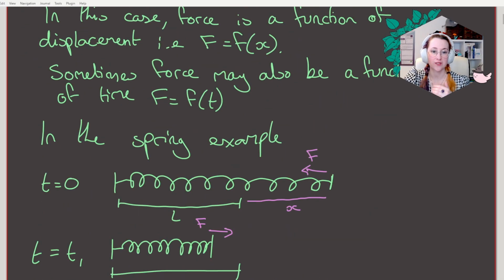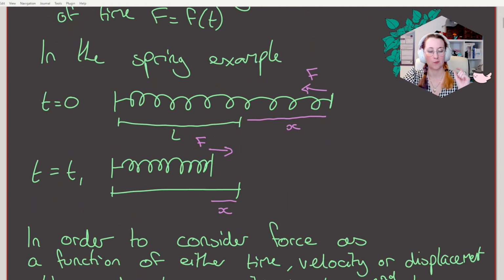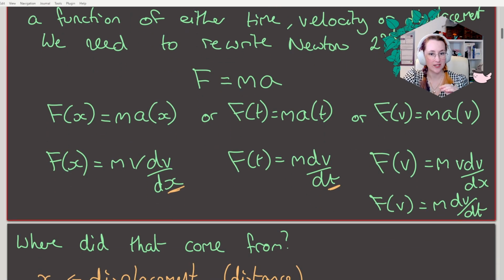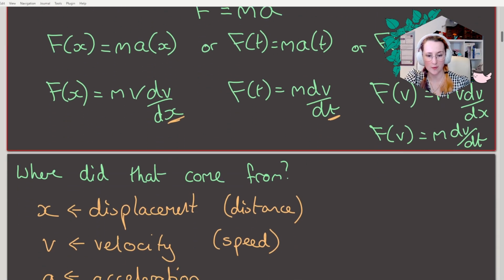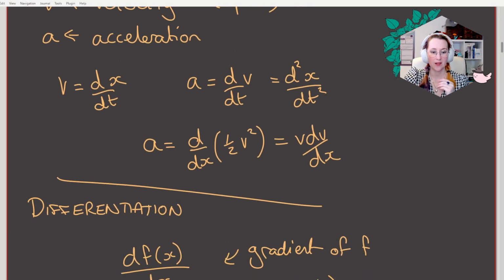So variable force, and in particular looking at force, and I started us off with that example of a spring, and we showed how it changes over time, but it also changes over distance or displacement. We looked at the different ways of writing F equals ma, as F is a different function of different variables, in particular speed, displacement, and velocity.